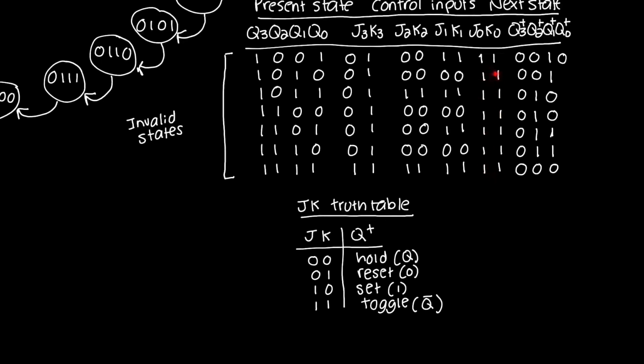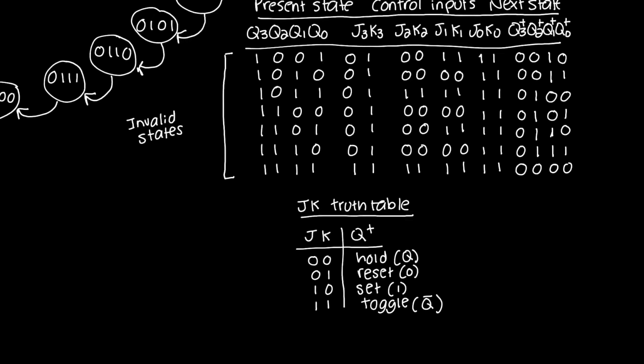I can see I'm in toggle all the way down. So whatever Q0 is, it's going to be the opposite at every stage. So if I had a 1, I'm going to have a 0. If I had a 0, I'm going to have a 1. So let's fill that in.